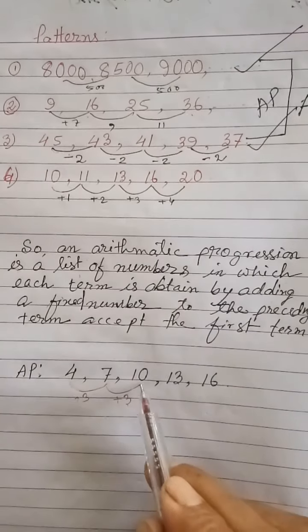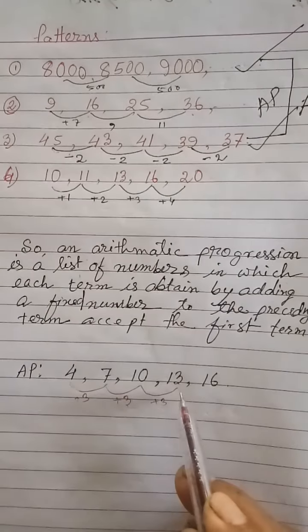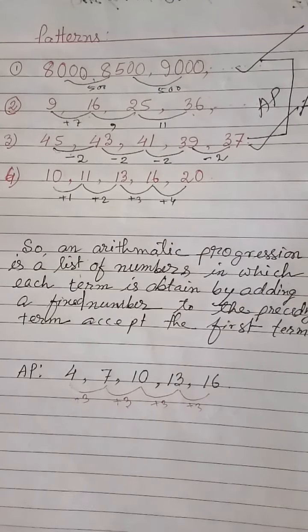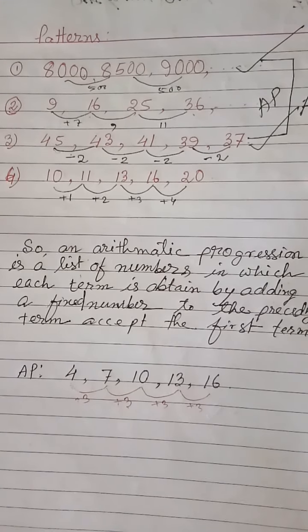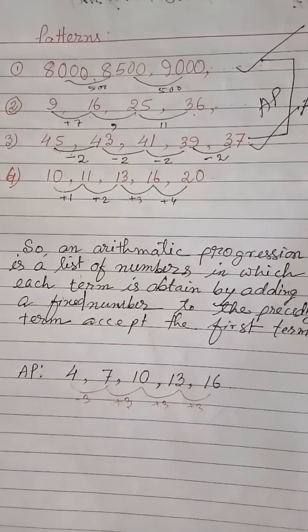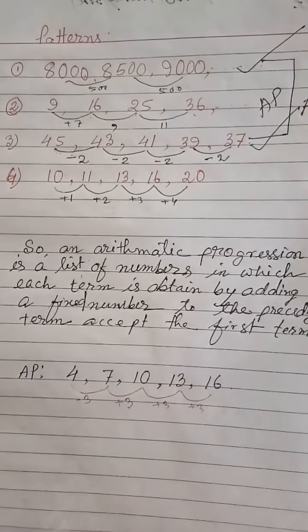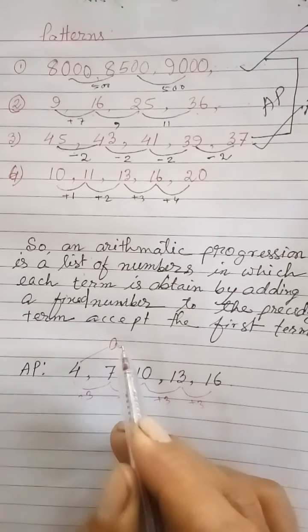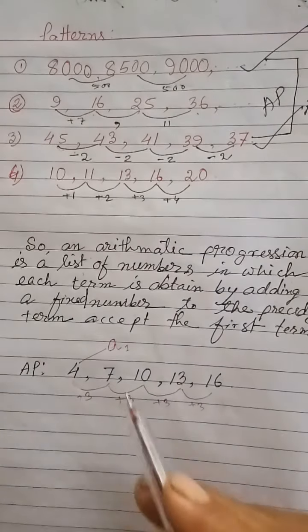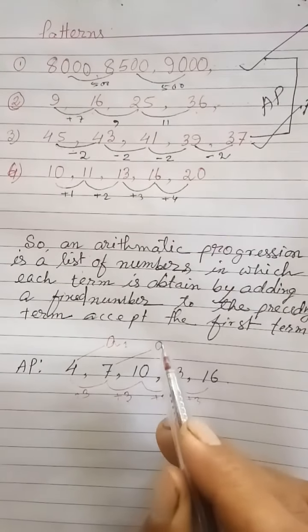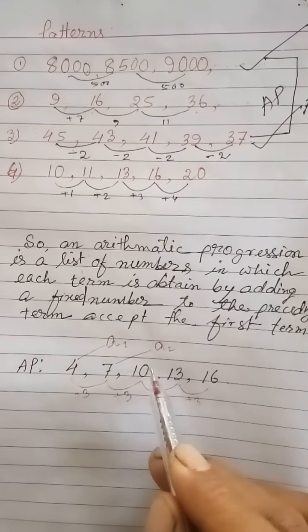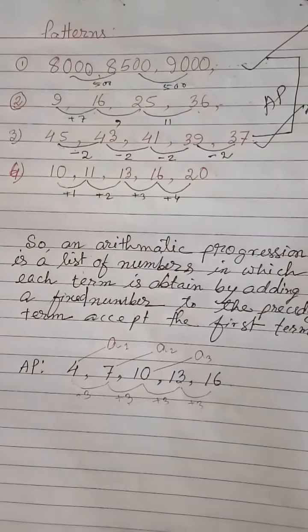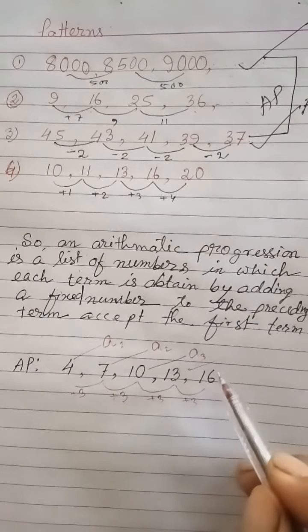It is increased by a fixed number, so it is an arithmetic progression. Now the first term is indicated with A or A1, the second term with A2, the third term with A3, and so on. You have to know all this notation.